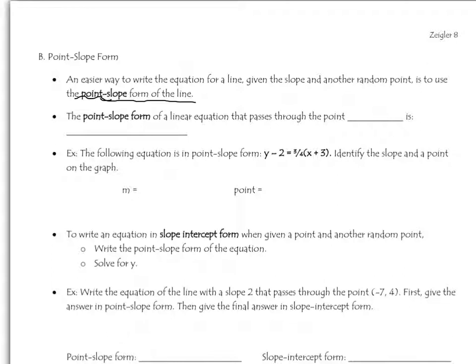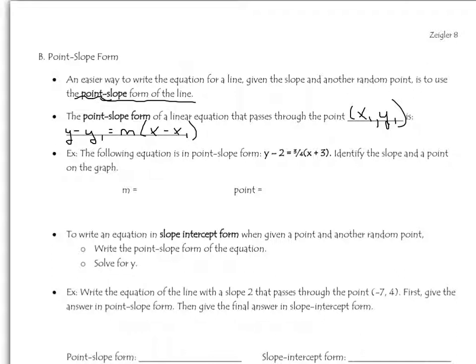The point-slope form says that a linear equation that passes through the point (x1, y1) is y minus y1 equals m times x minus x1.